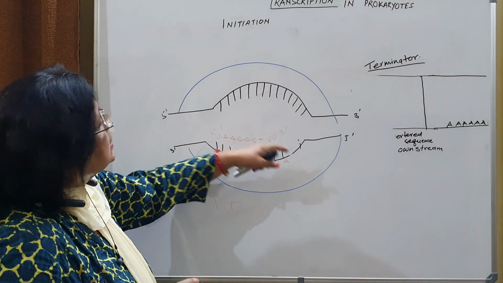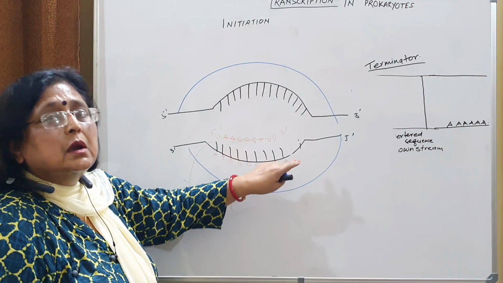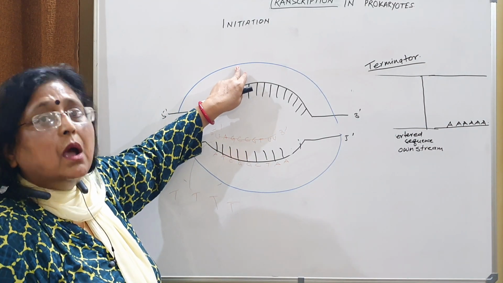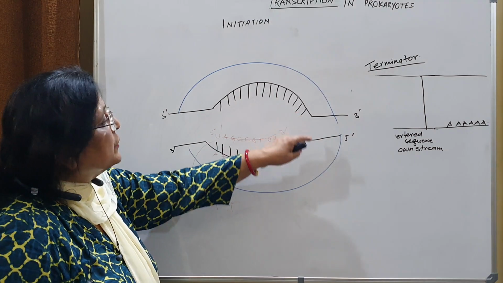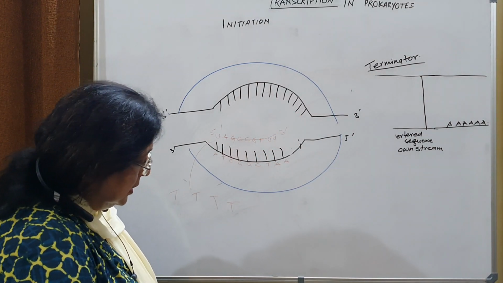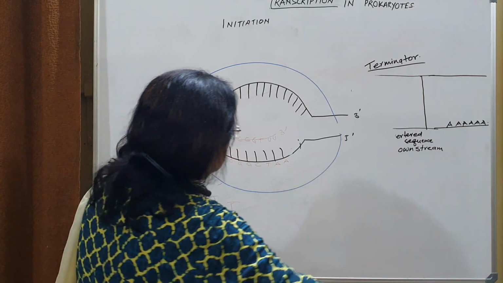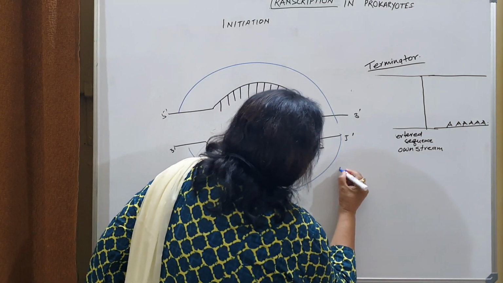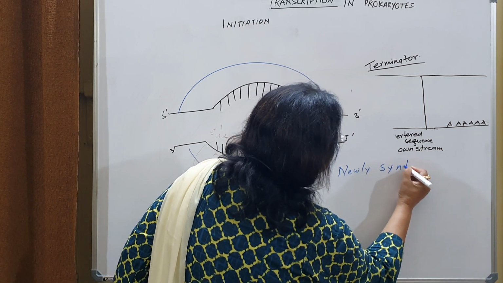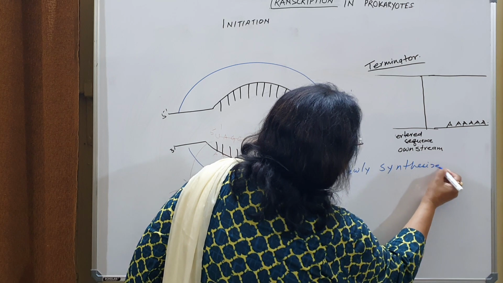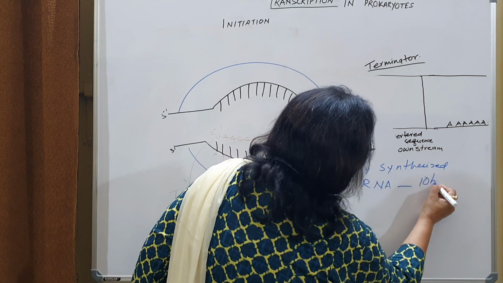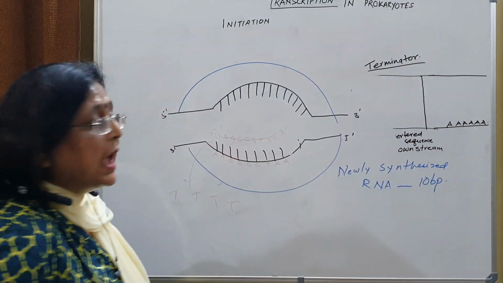What will happen? The sigma factor will dissociate, and now the holoenzyme will become a core enzyme and the process of elongation will begin. On the newly synthesized RNA, if 10 base pairs are formed, what will happen?